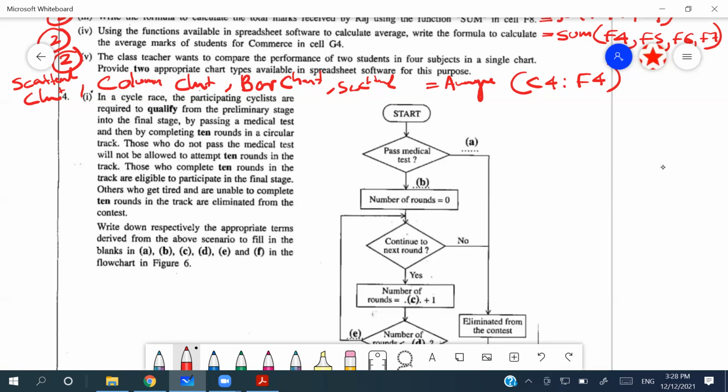Those who complete 10 rounds in the track are eligible to participate in the final stage. Others who get tired and are unable to complete 10 rounds in the track are eliminated from the contest. Write down respectively the appropriate terms derived from the above scenario to fill the blanks in A, B, C, D, E, and F.